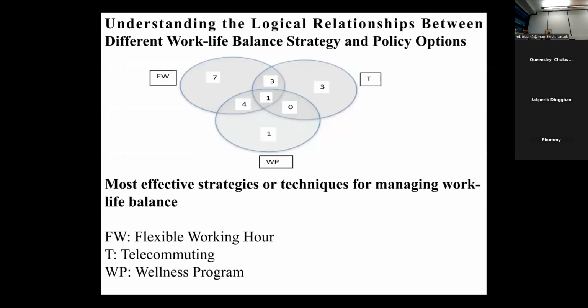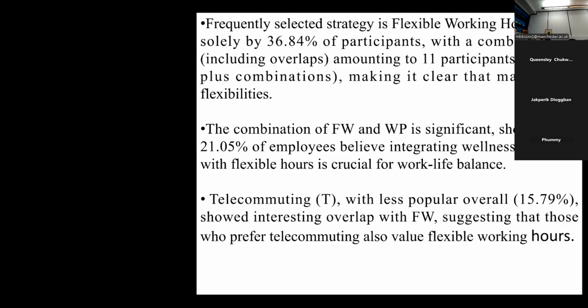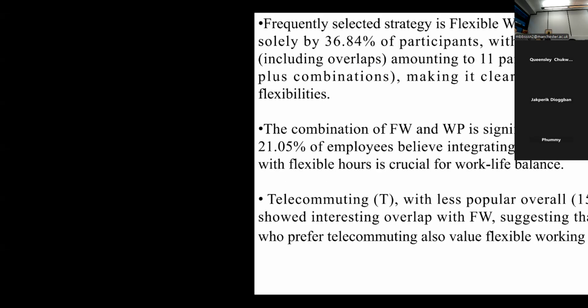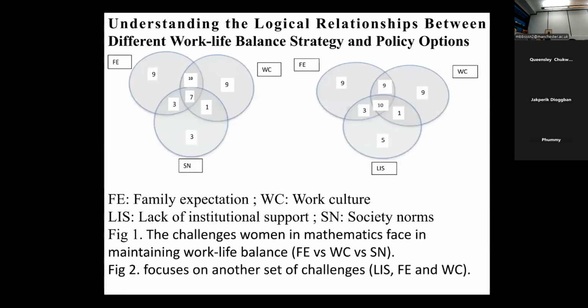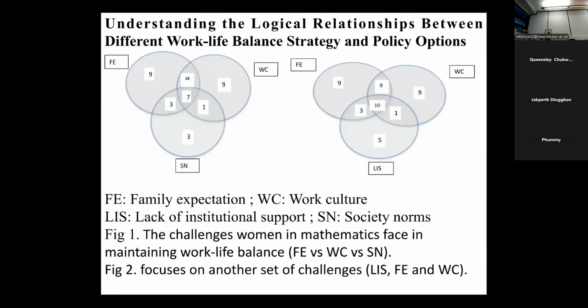Also, women are facing some challenges in work-life balance strategies and policies too. The challenges here are represented as family expectation, work culture, lack of institutional support, and societal norms. These are the challenges women are facing in mathematics.